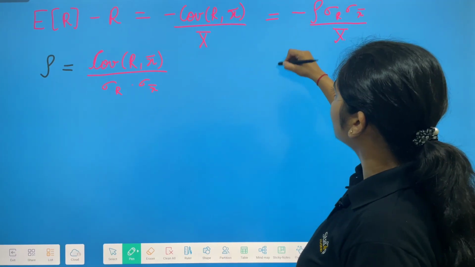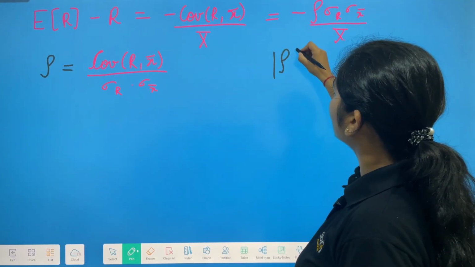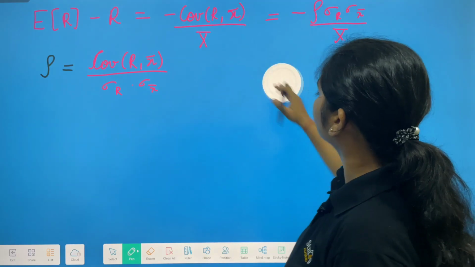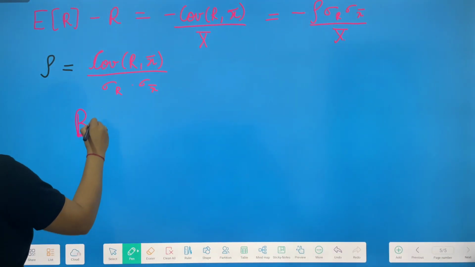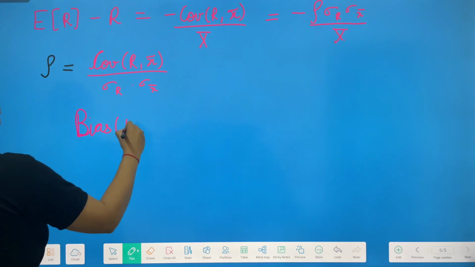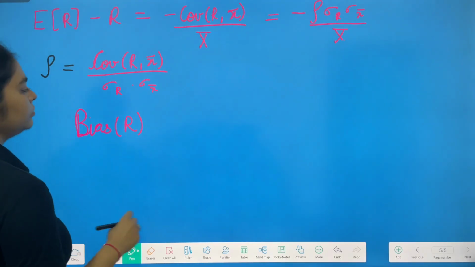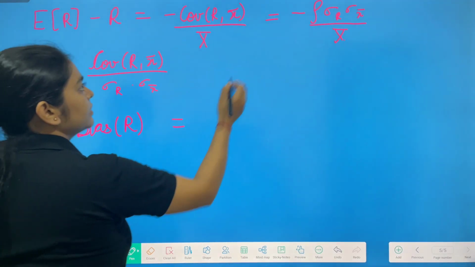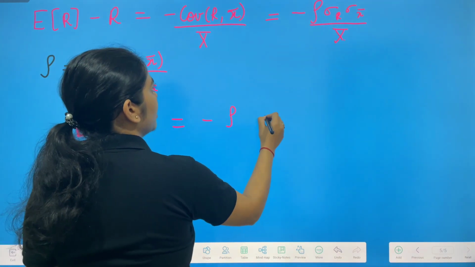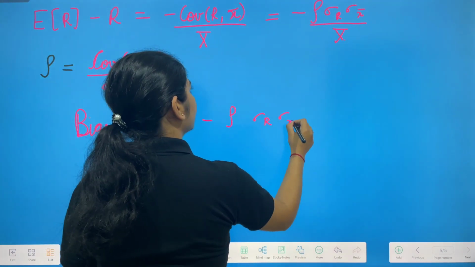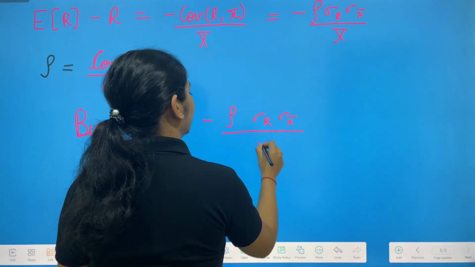Now we know the range of rho. We'll first put estimation of R minus R as bias of R, and this can be written as minus rho sigma R sigma X bar upon capital X bar.